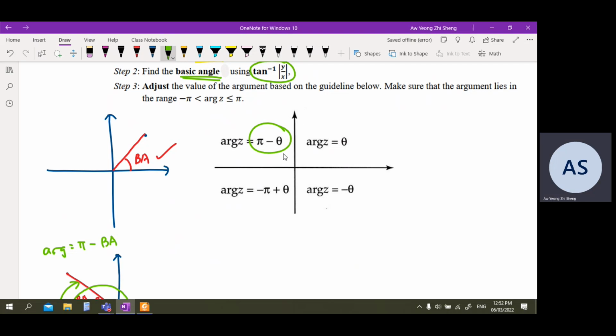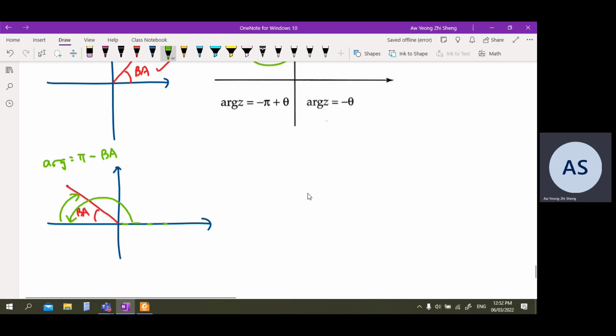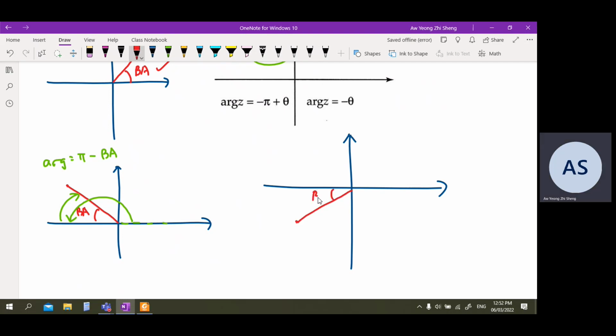In the guideline, they are using theta to represent the basic angle. If you have a point in quadrant 3, the basic angle will be here. To obtain the argument in the principal range, we start measuring from the positive x direction.